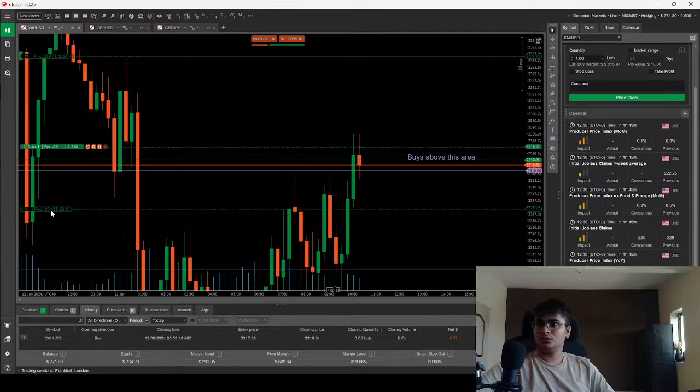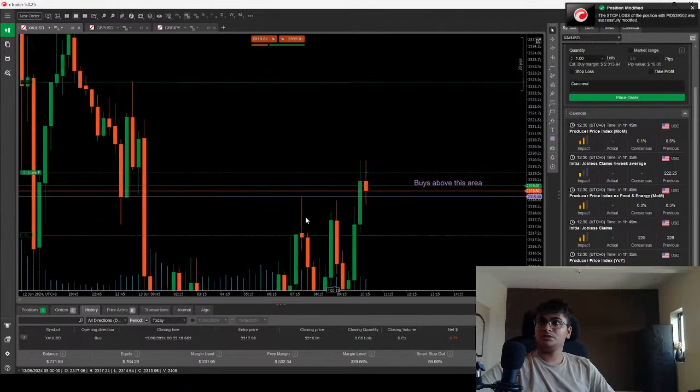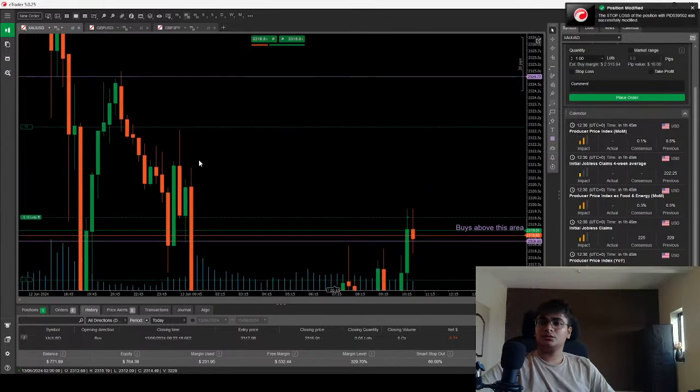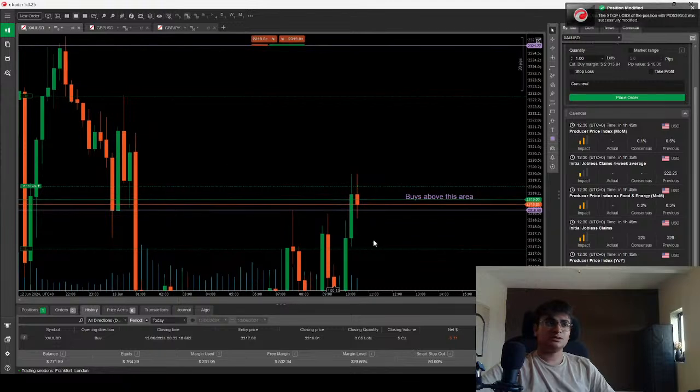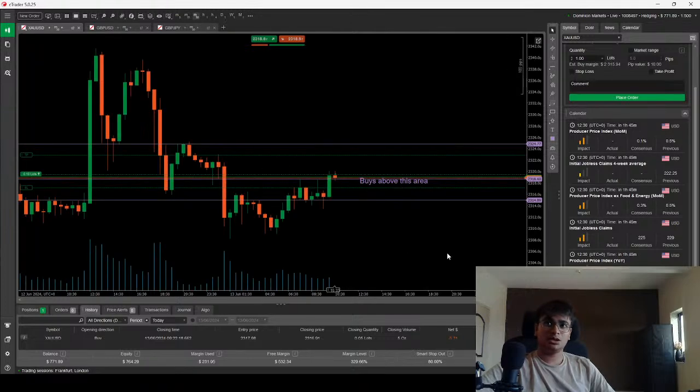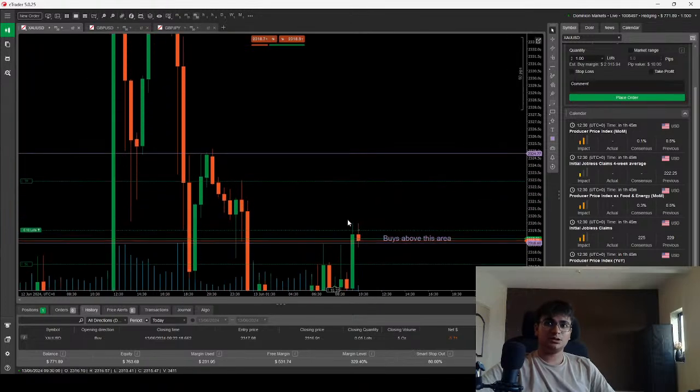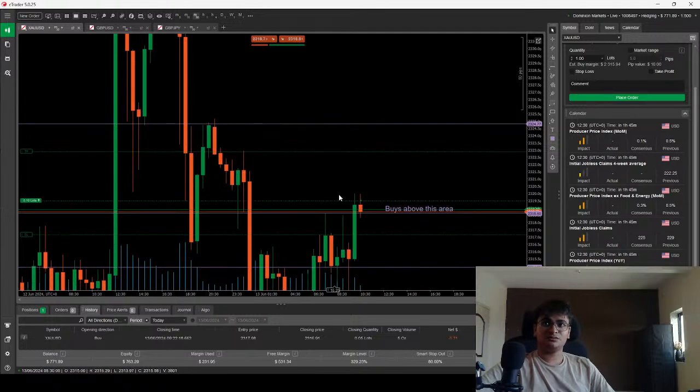So I think I will risk 50 pips. Okay, because this is just better. This is a better stop loss than the previous one because we are putting it with the same candle, which is not giving enough space for price to move.